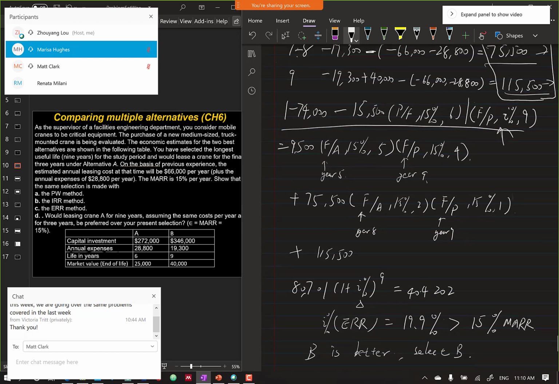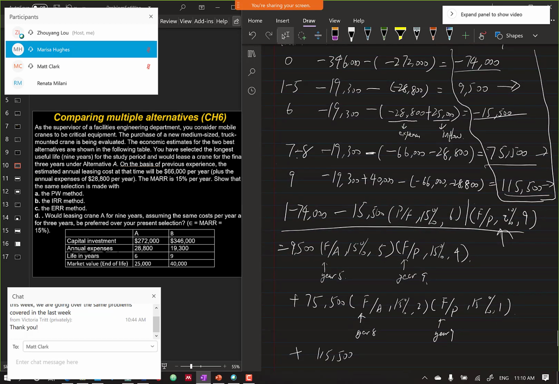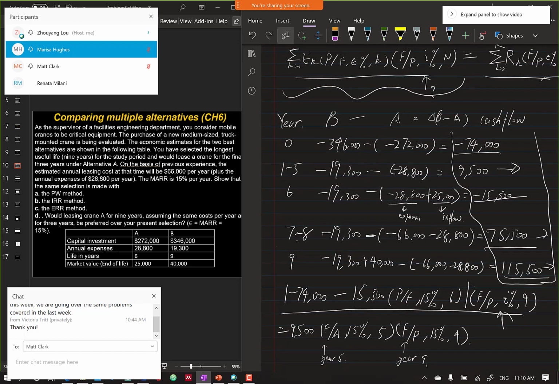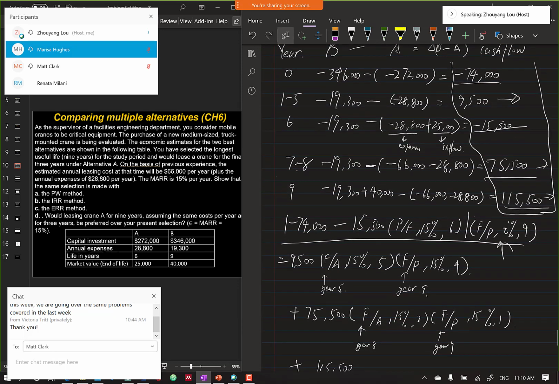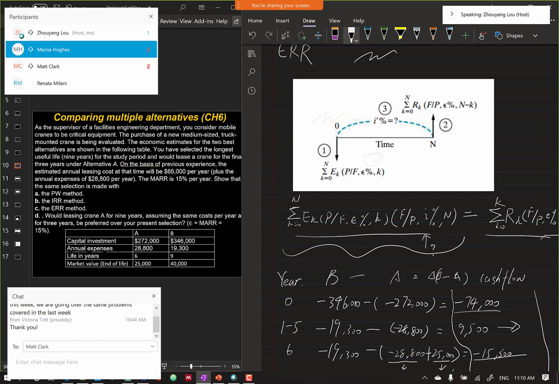And let me just revisit what we have done here. So we first still have all the net cash flows for each year. And then we just use this formulation given in the ERR method.